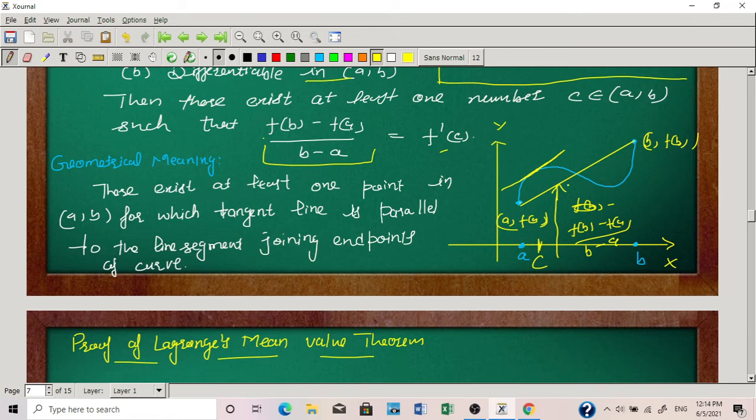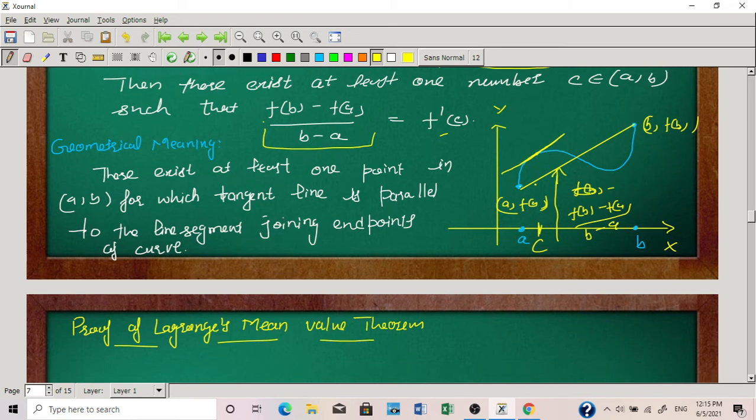The slope of this line is this, and therefore the slope of these two lines, the tangent line and this line, is the same. So यही इसका ज्योमेट्रिकल मीनिंग है कि अगर कोई फंक्शन कंटिन्यूअस है क्लोज्ड इंटरवल [a, b] में, डिफरेंशिएबल है ओपन इंटरवल (a, b) में, तो एक पॉइंट c पक्का मिलेगा. यहाँ पे अगर हम टेंजेंट लाइन ड्रा करें, that tangent line will be parallel to the line joining the endpoints of the curve.